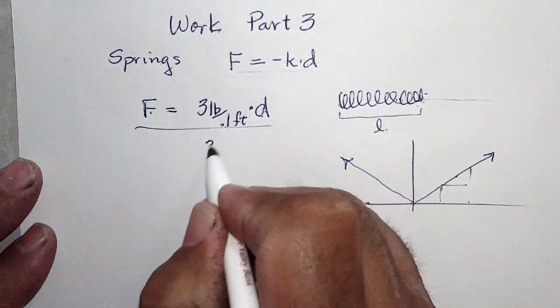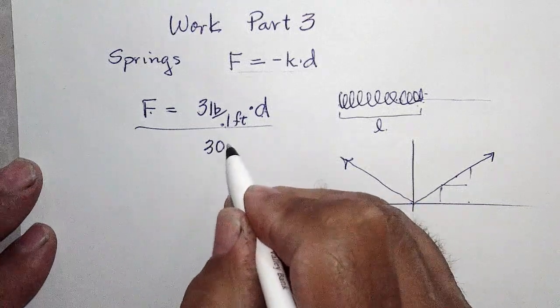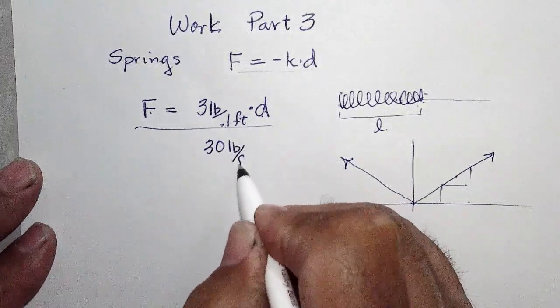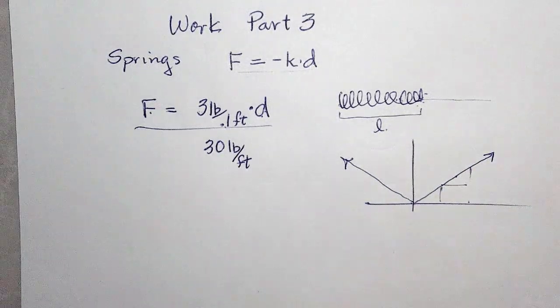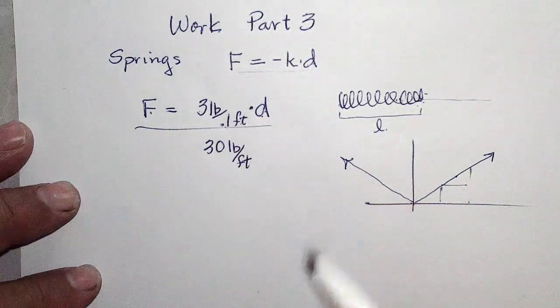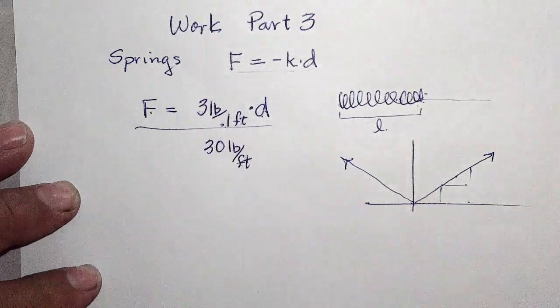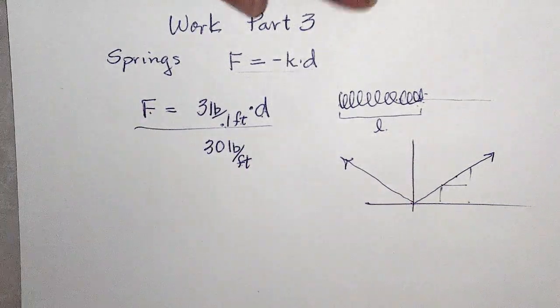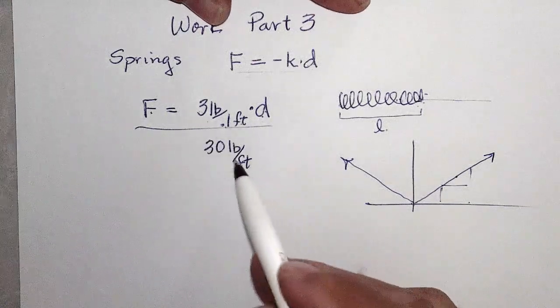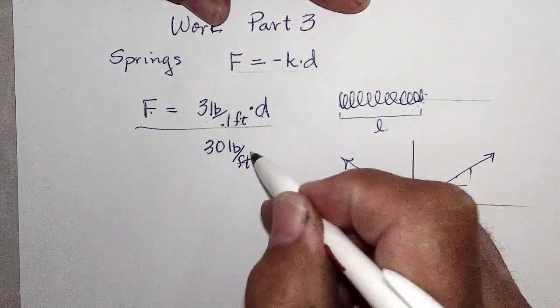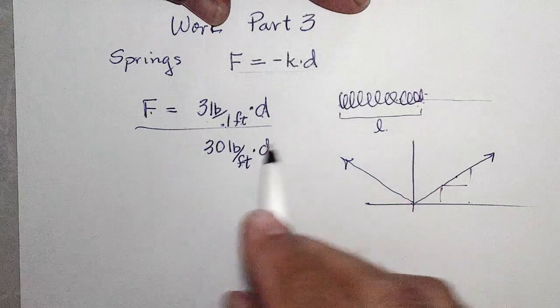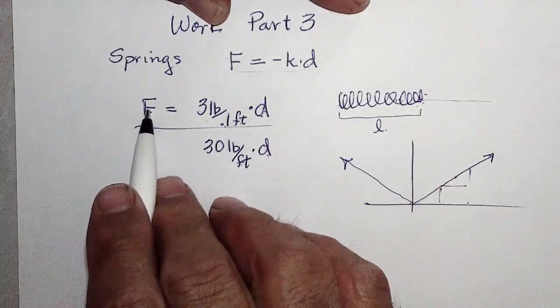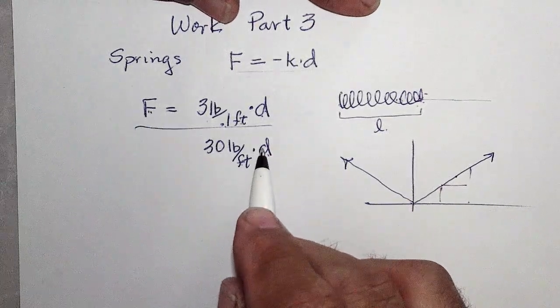So that's 30 pounds per foot, assuming you have a big spring that can go a foot. Often these are not in pounds and feet, but in smaller units because you're dealing with a smaller spring. But let's say we got a huge piece of machinery with a large spring on it. Times the distance it's moved gives you the force.